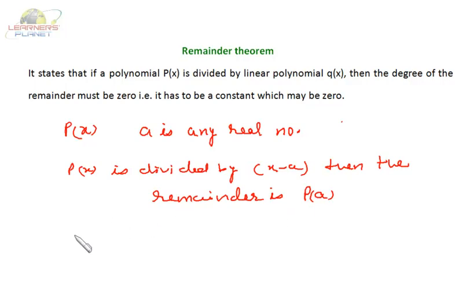Let's do one example of it. Suppose polynomial p(x) is x square minus 4. Now if p(x) is divided by x minus a, suppose I take x minus 2.